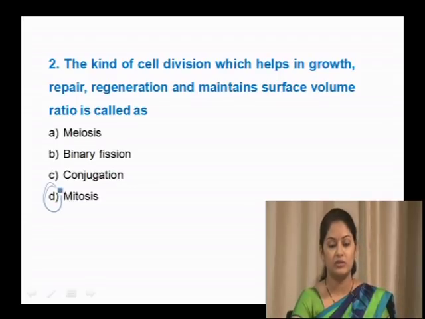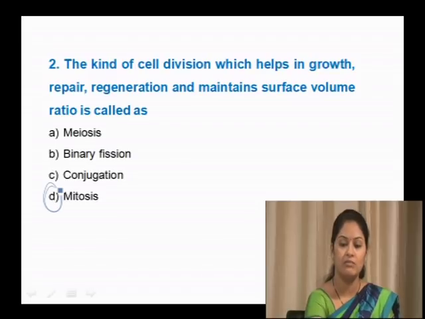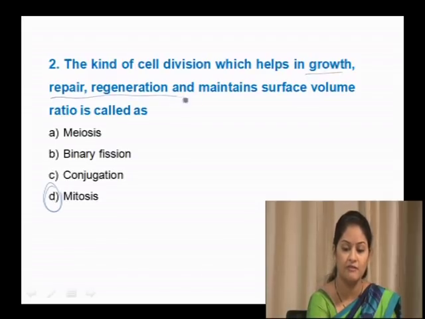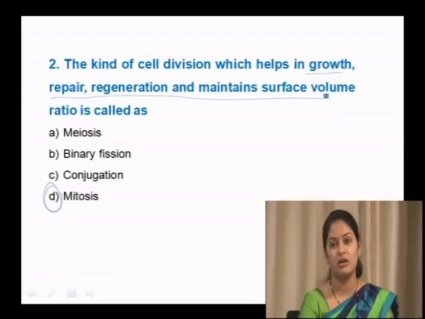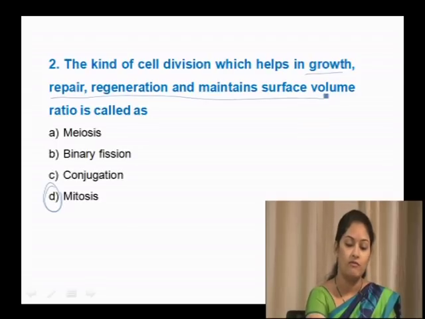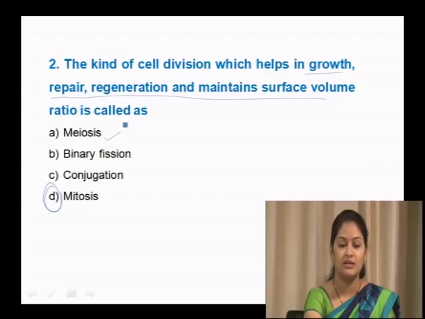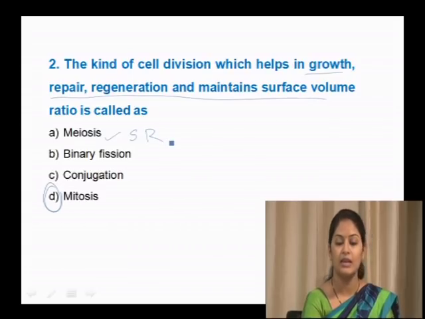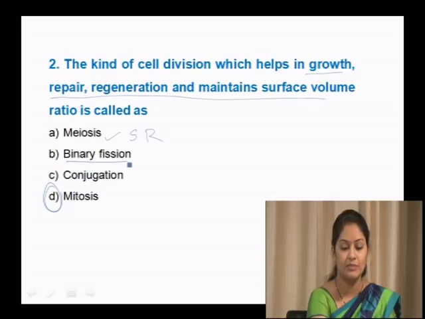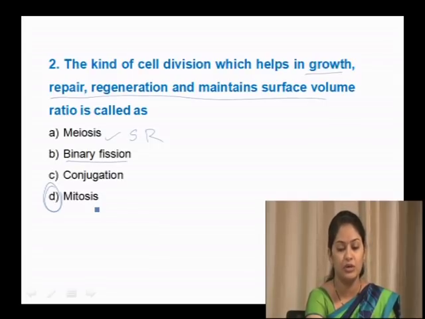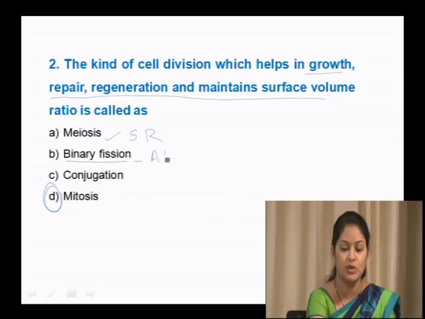You can also consider that the above mentioned properties are all the functions or importance of mitosis. Now, meiosis is not associated with repair and regeneration. Instead, it is associated with sexual reproduction. Next, binary fission is similar to mitosis, but it is not a universal phenomenon, and it is found only in a few kinds of cells, and it is mainly associated with asexual reproduction.